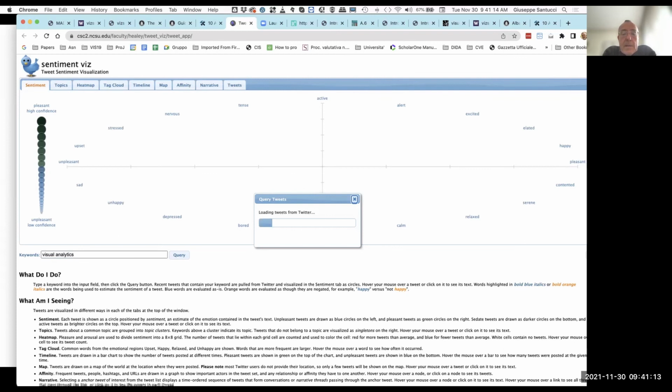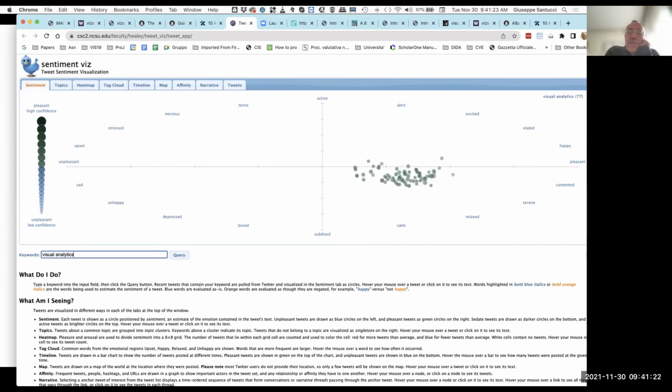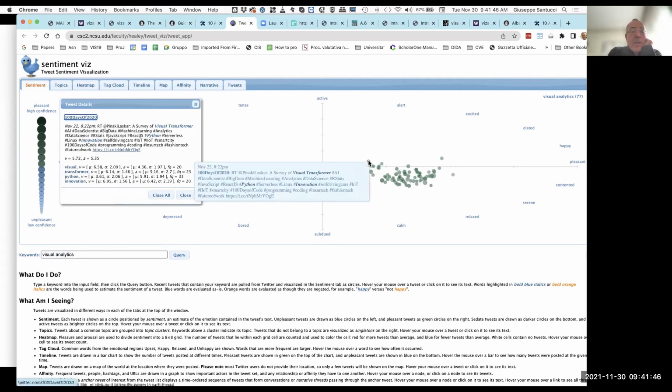It works in real time, collecting tweets from a snapshot, of course. And each tweet is positioned in a position. You see that most of the tweets, all of them, are in the pleasant part, and you have this variety of emotion around, and that gives you the confidence. I think that you can go even further, having the text of the tweet.